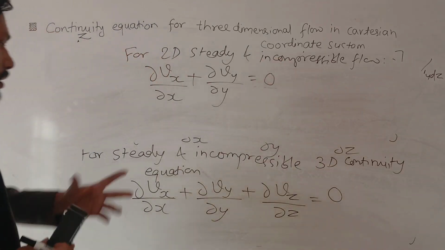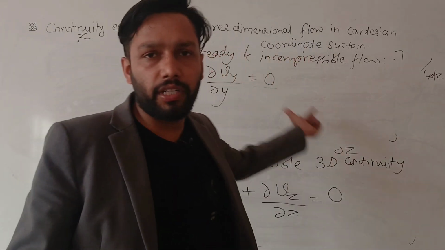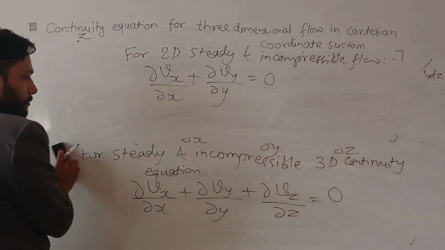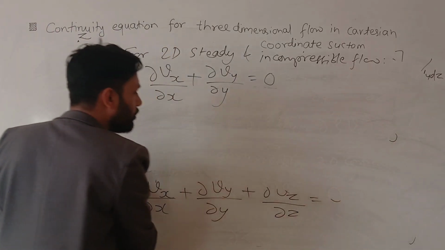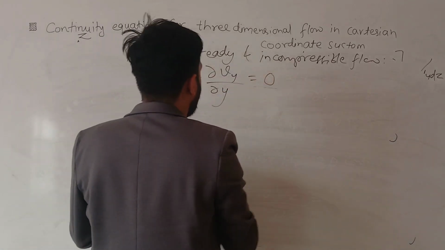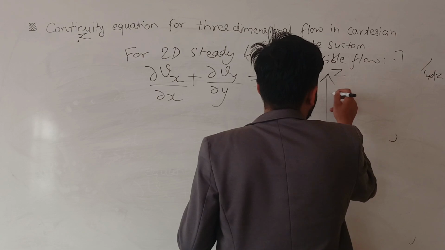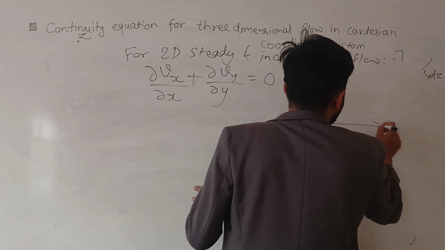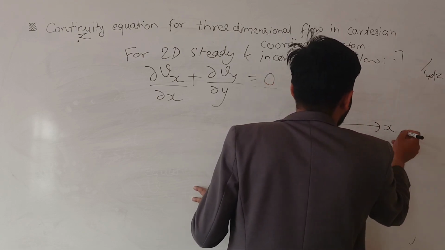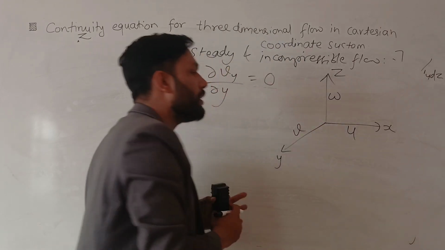This is the continuity equation for the two-dimensional Cartesian coordinate system. Okay, you can also denote this Vx as u and Vy as v also. In z direction that is w, and in x direction that is u, and in the y direction that is v. You can write uvw also.